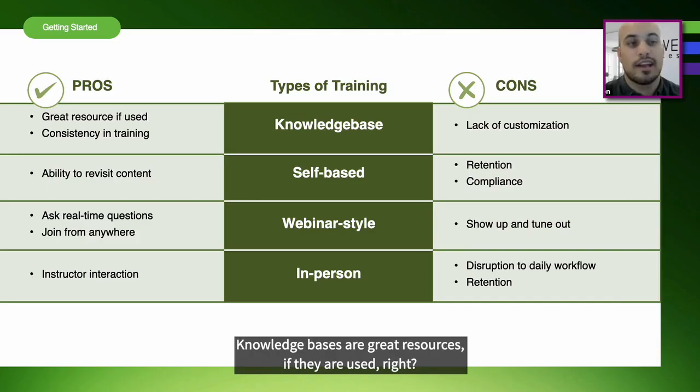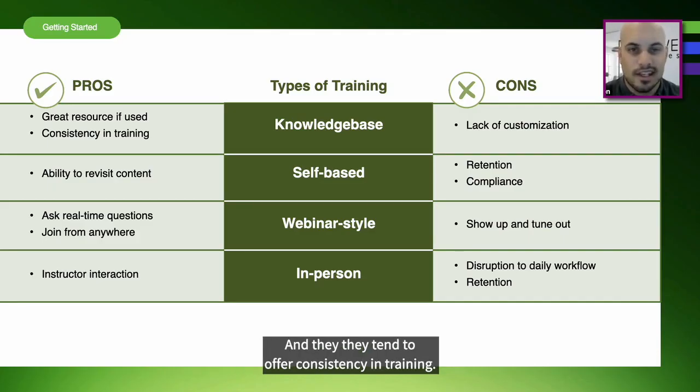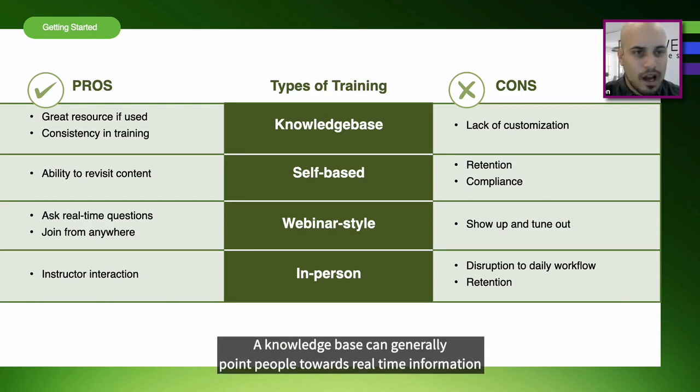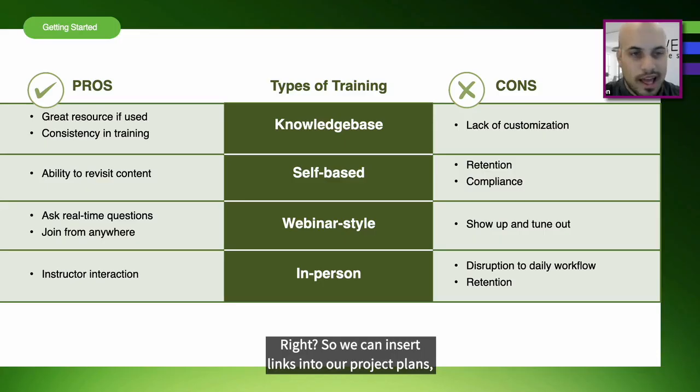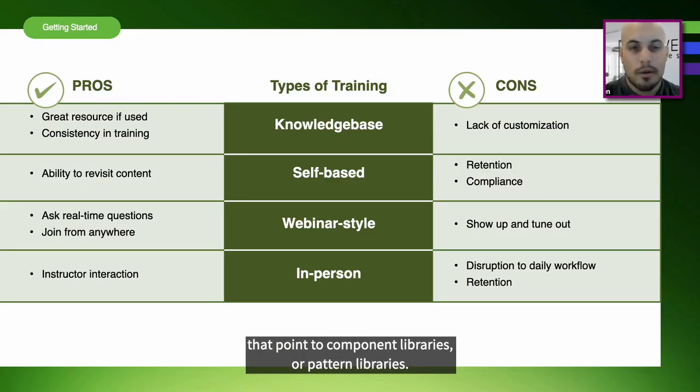Knowledge bases are great resources if they are used, right? And they tend to offer consistency in training. A knowledge base can generally point people towards real-time information that they need for the particular problems that they are facing, right? So we can insert links into our project plans, into our definitions of done that point to knowledge bases, that point to component libraries or pattern libraries.